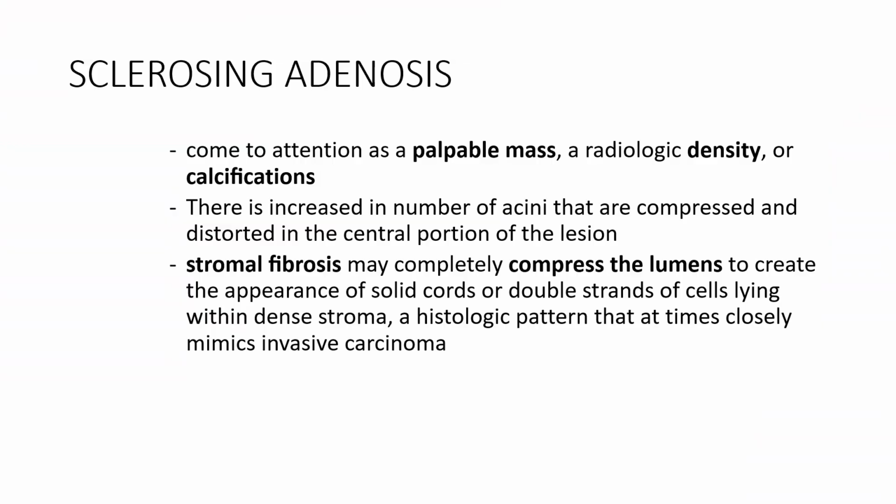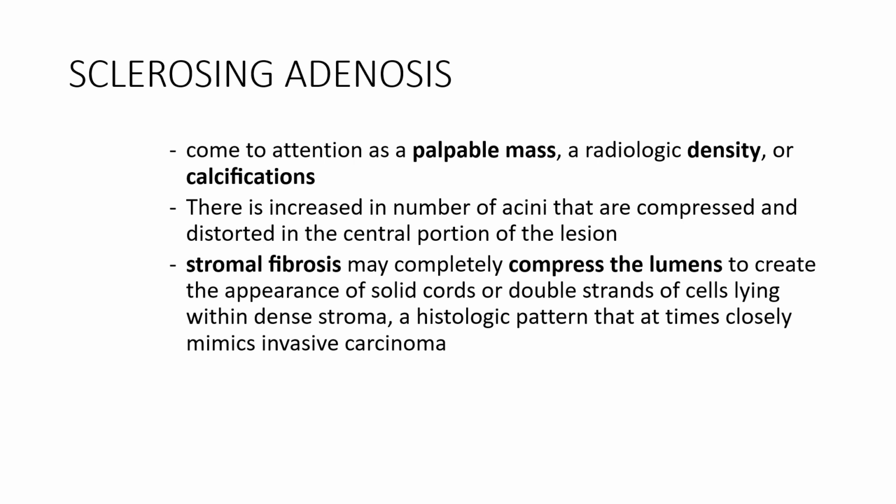Next is sclerosing adenosis. Sclerosing adenosis comes to attention because it appears as a palpable mass, dense on radiologic studies, or it may present with calcifications. Sclerosing adenosis will present with an increased number of acini, and these acini are rather compressed and look distorted.